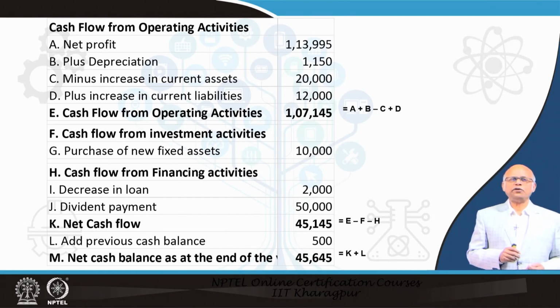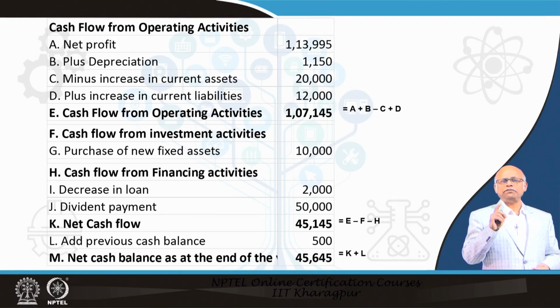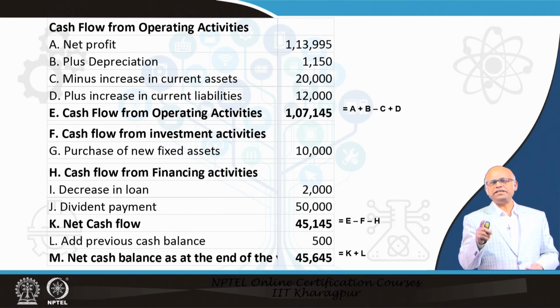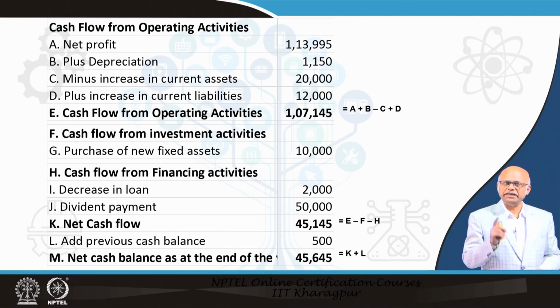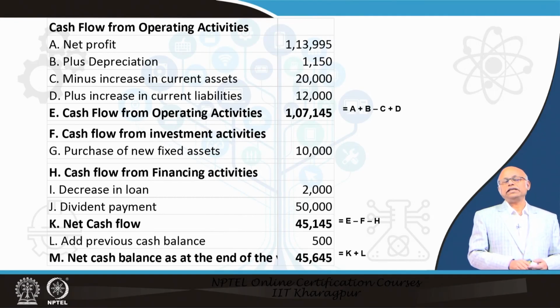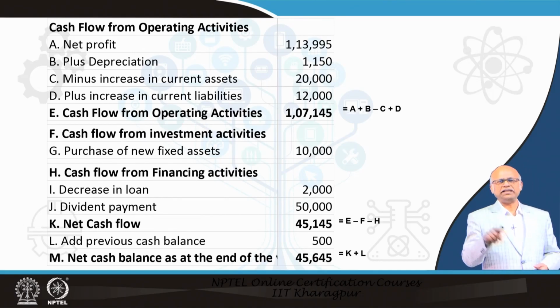So, net cash flow from financing activity is negative 52,000. Net cash flow from investment is negative 10,000, net cash flow from financing is negative 52,000. So, net cash flow out of all the activities is E minus F minus H, because they are negative.